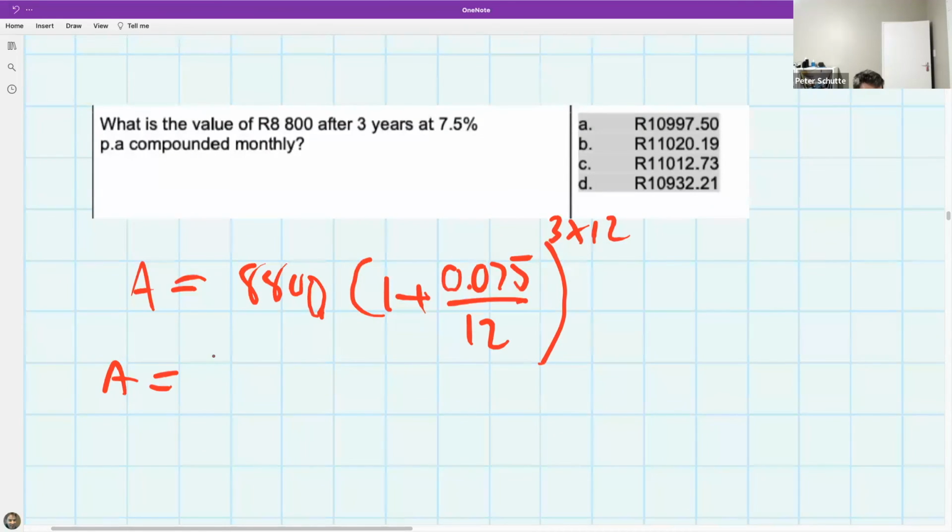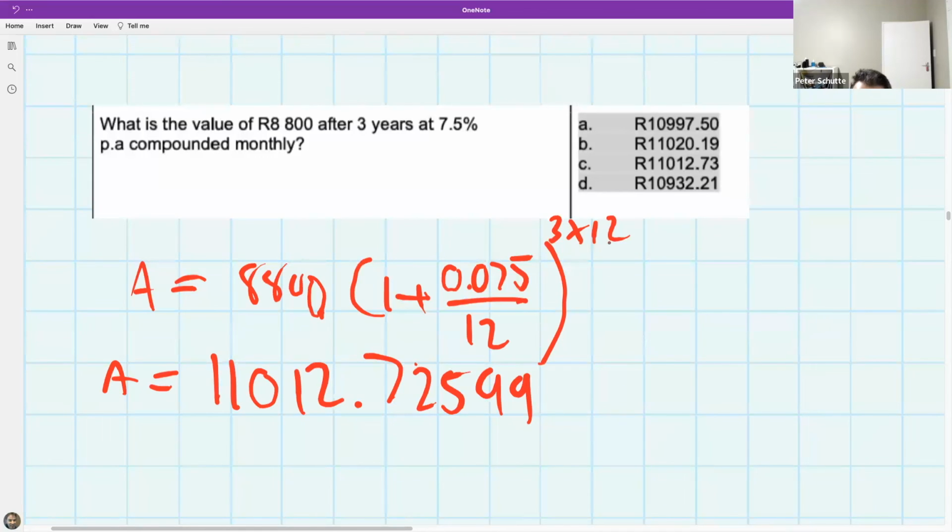And what I'm getting is 11012.72599. And so if I round that off, I'm going to get 11012.73. And so the correct answer should be C.